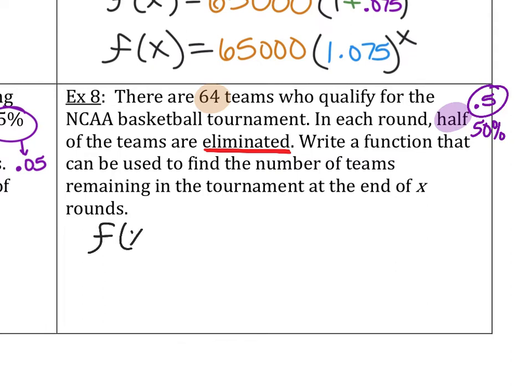We have f of x equal to what number? 64. Open parentheses, 1 minus half, which is 0.5, to the x, or 0.50 if that helps you see that it was 50%. Now it's 0.5. I moved the decimal twice. I see some confused faces.